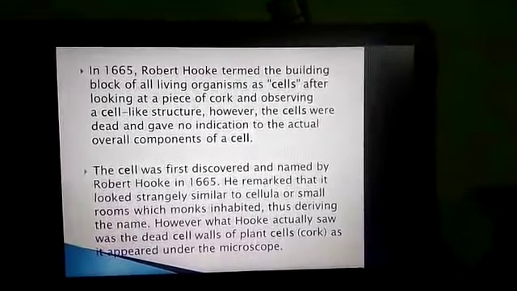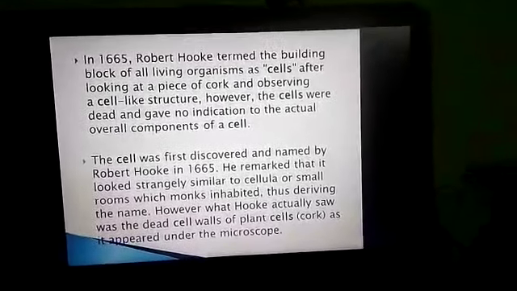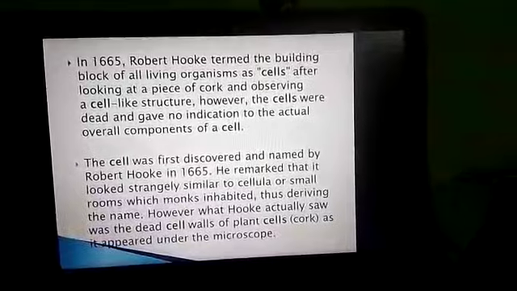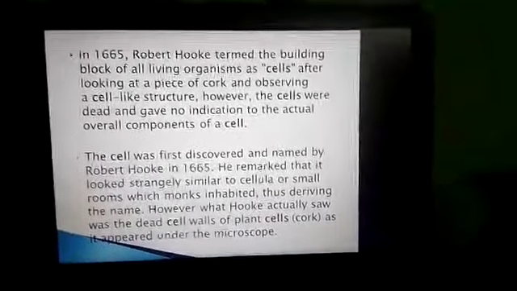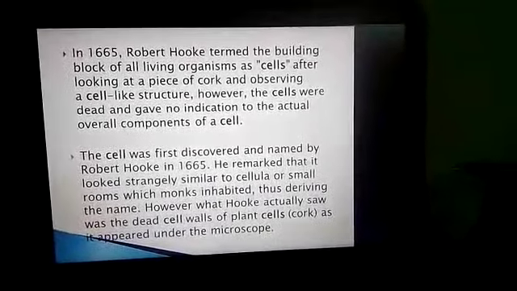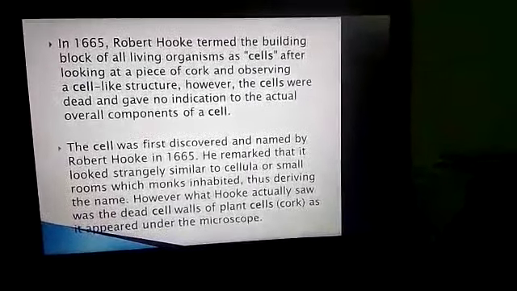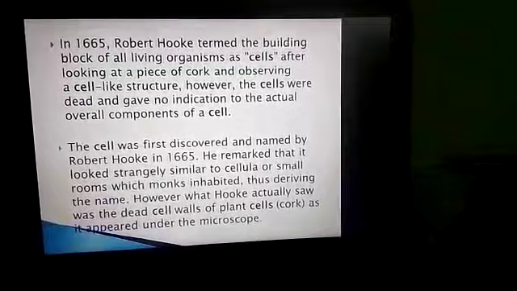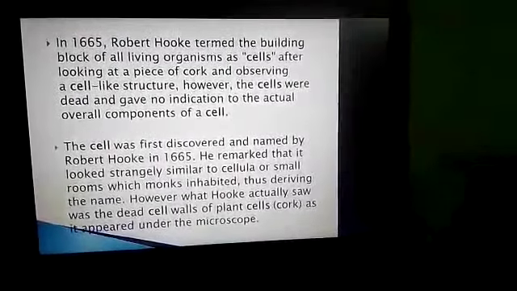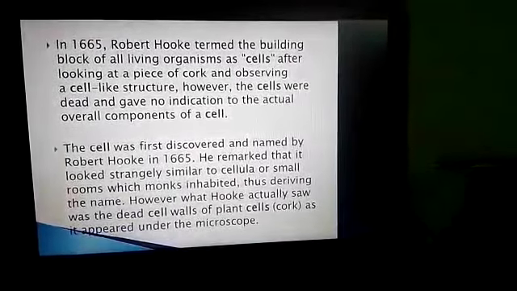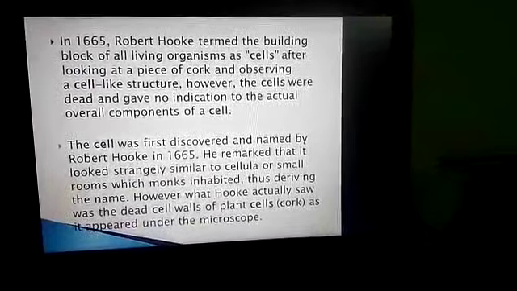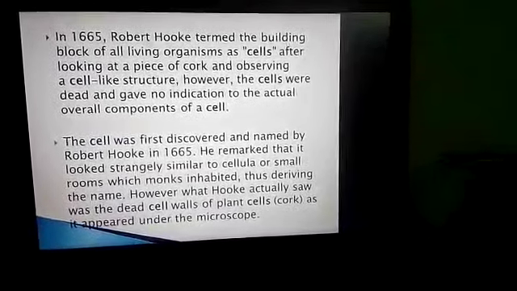However, the cells were dead and gave no indication of the overall components of the cell. When you observe a piece of cork from a plant under a microscope, it is a cell-like structure, but the cells were dead.